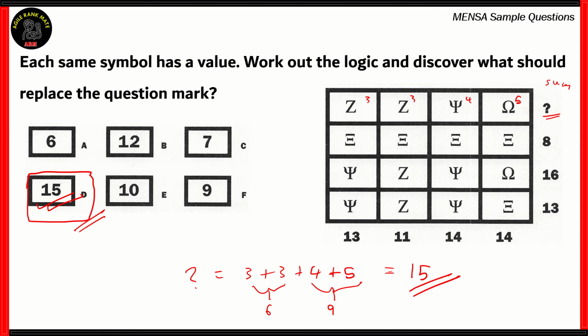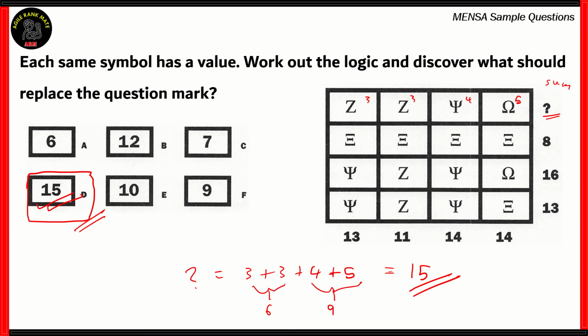So the idea is to identify the values of each symbol. The best way to do it is by using variables and using the rows to get out the variables. But then again, for this particular question, we had 4 elements of the same variable making up one row. So it was easy to find out the value of that particular symbol, and then using that we can substitute it for the other symbols.